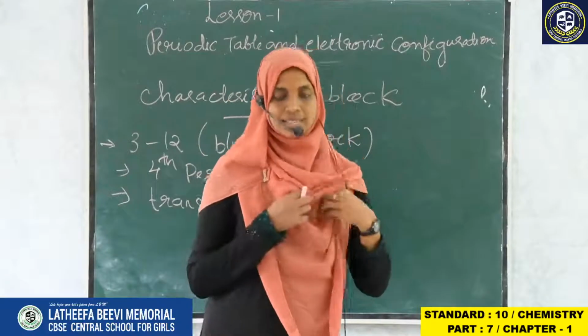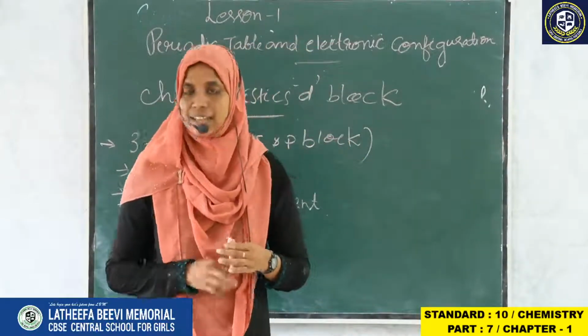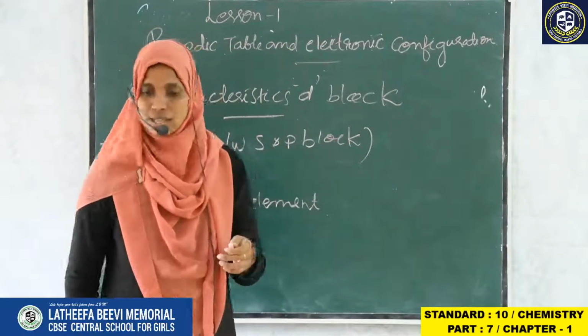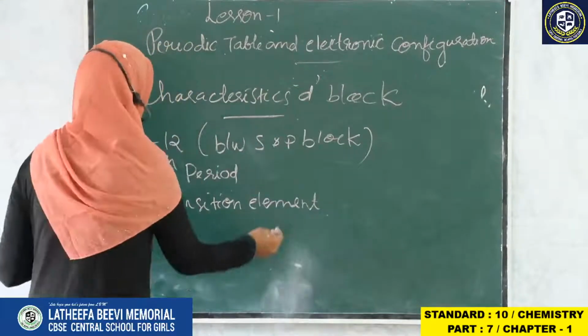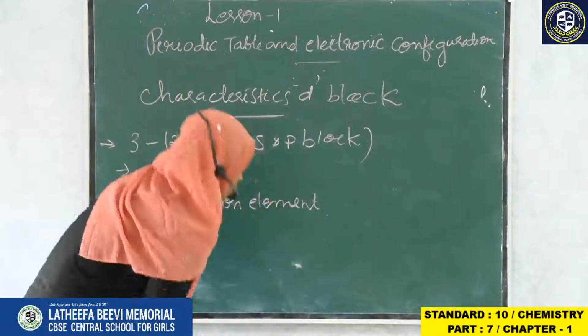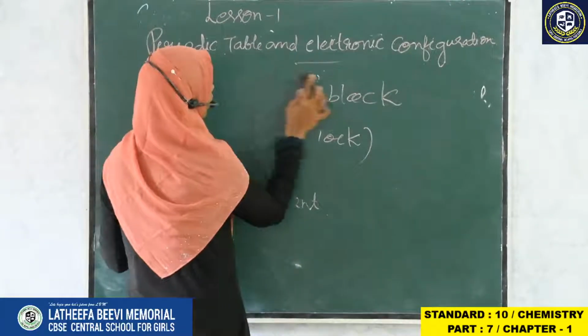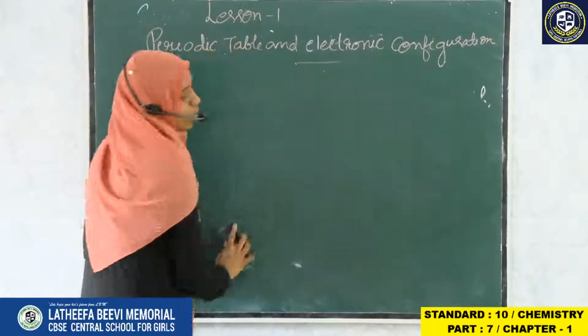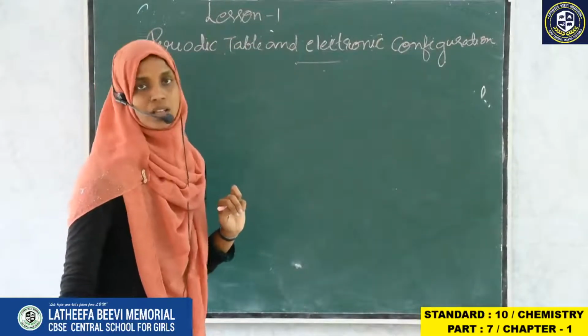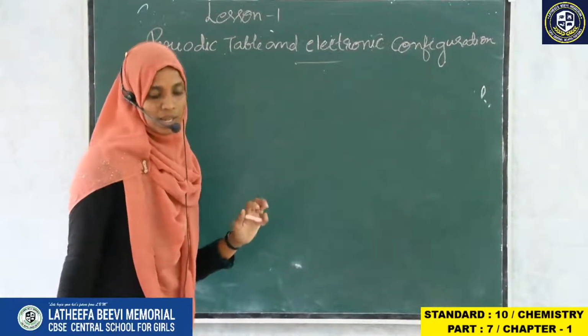Then there is a special character for the D block elements. Now we can check what is the speciality of these D block elements.